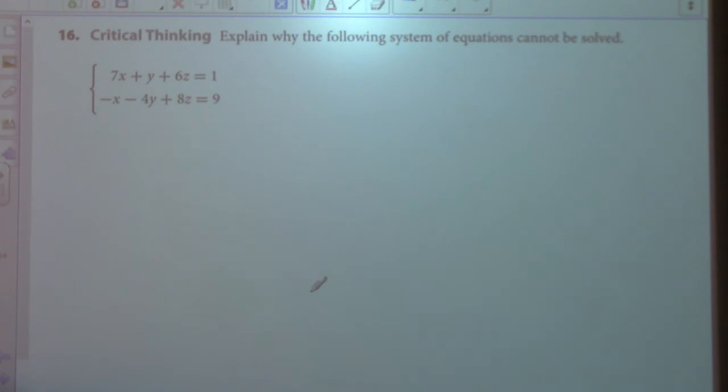Okay, 16, critical thinking. Explain why the following system of equations cannot be solved. I'm going to call somebody here in about another minute. Why can that not be solved? Okay, we have TV.